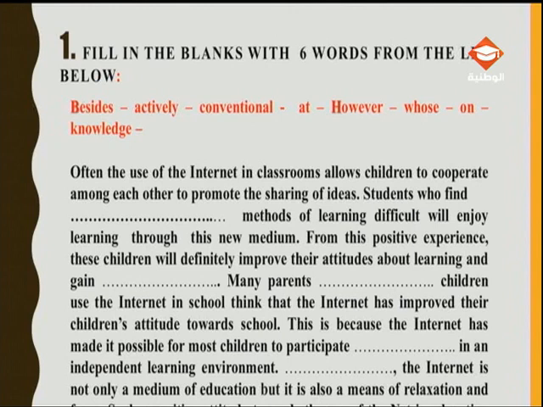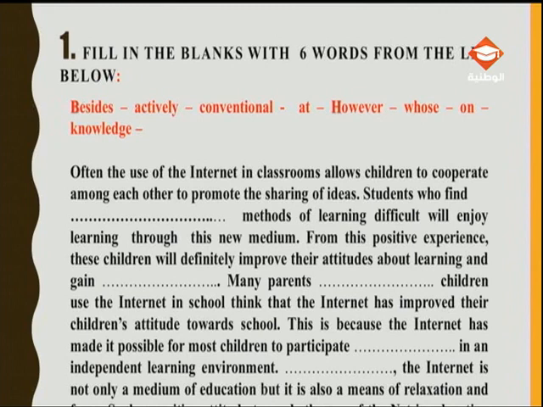Many parents, blank, children use the internet in school, think that the internet has improved their children's attitude towards school. This is because the internet has made it possible for most children to participate in an independent learning environment. The internet is not only a medium of education, but it's also a means of relaxation and fun. So sorry, the last sentence is not visible.